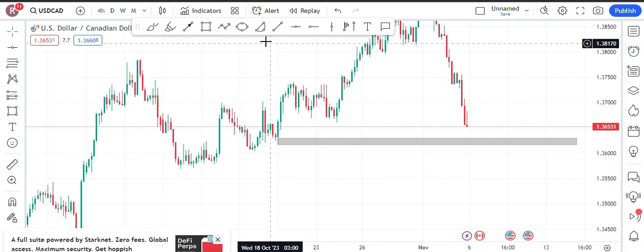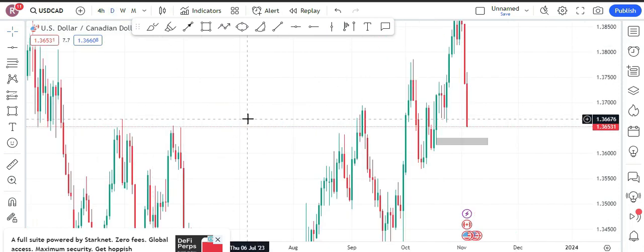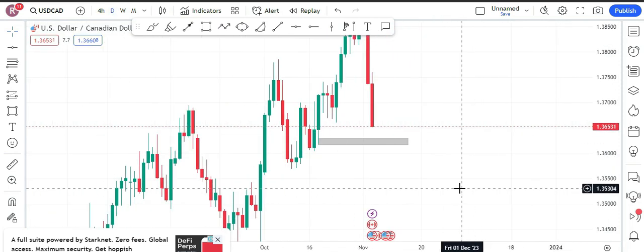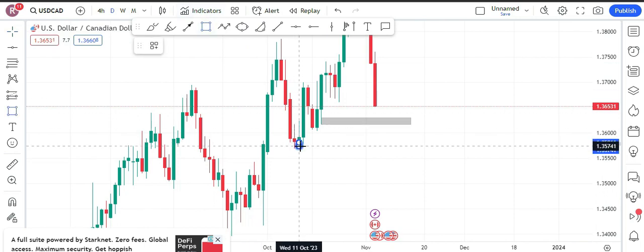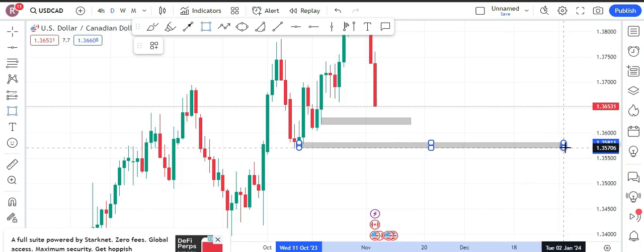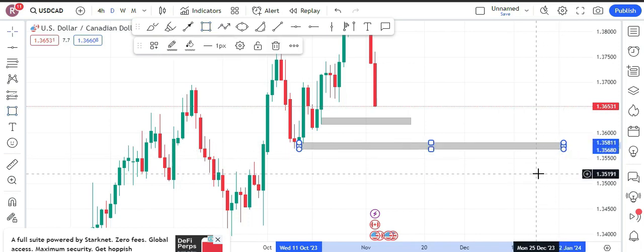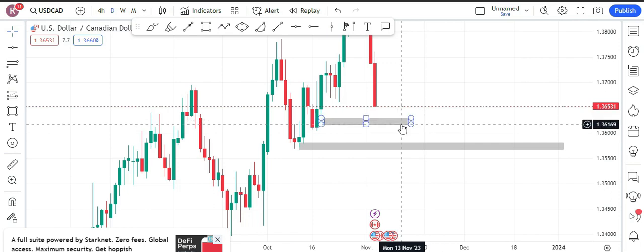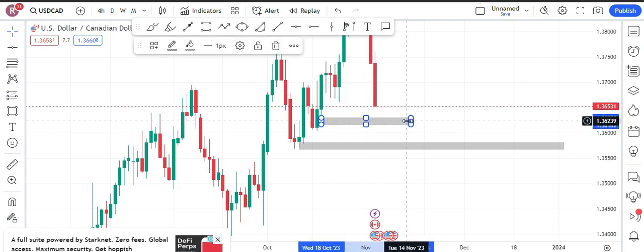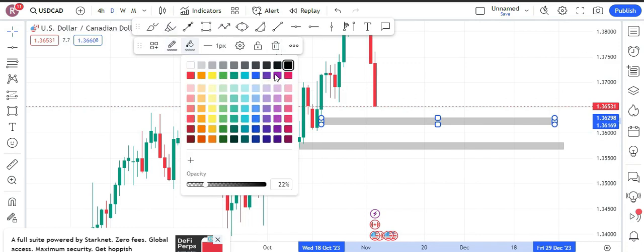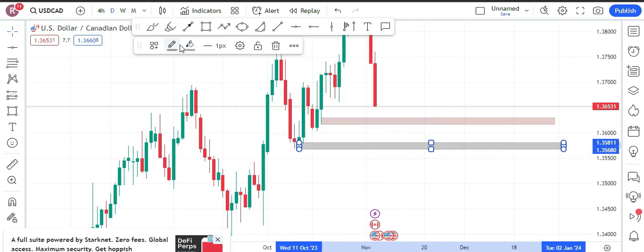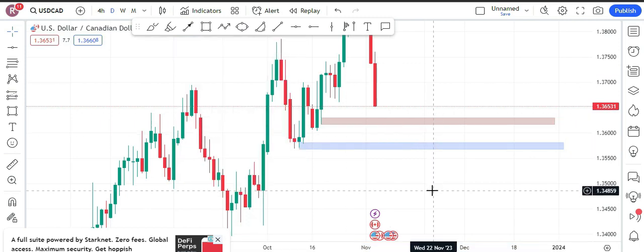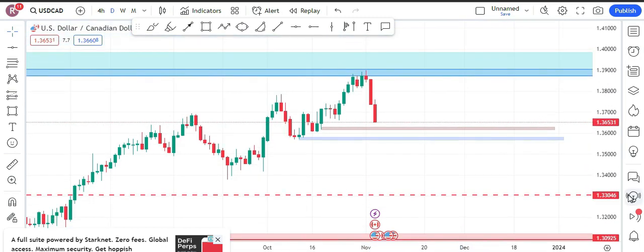So this is another zone from where, if we go to day, we have a very good place where the price may come and then react. This is in the hourly time frame, so we can put it in perspective this way, and this one is in the day time frame. Make it blue. So these are the two places currently where the price has a very good chance to come down.